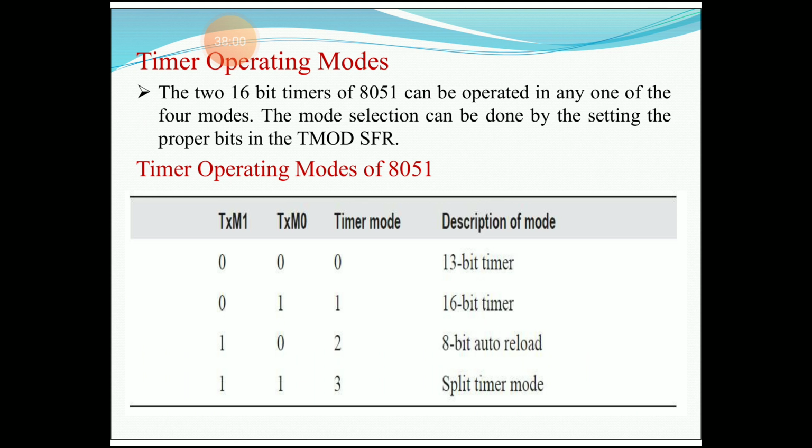It acts as a 13-bit timer. With the 0-1 combination, the timer is operated in mode 1. In mode 1, it is used as a 16-bit timer. When the 2 bits are 10, mode 2 is selected. In mode 2, the timer is used as an 8-bit auto reload timer. When both are 1-1, mode 3 operation is selected, and in this mode, split timer mode of operation is used.